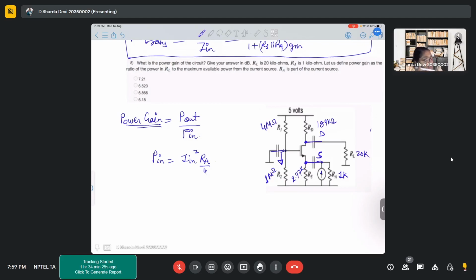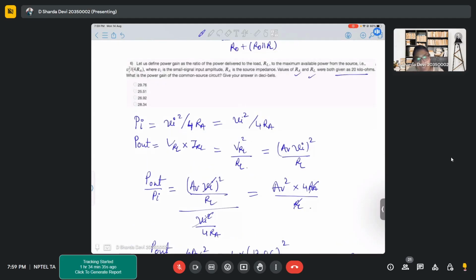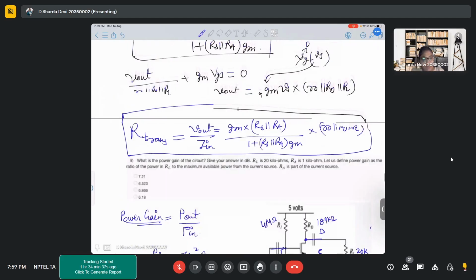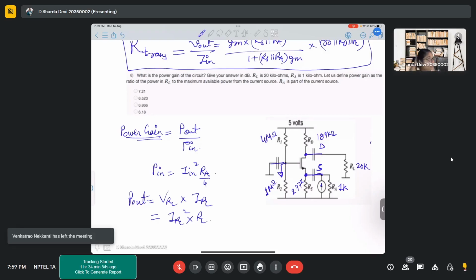Earlier, where the input was voltage, the input power was Vn square by 4 Ra. Here, in place of voltage, we have changed it to current, and it is In square Ra by 4. P out will be VRL into IRL, or that is IRL square into RL, right?